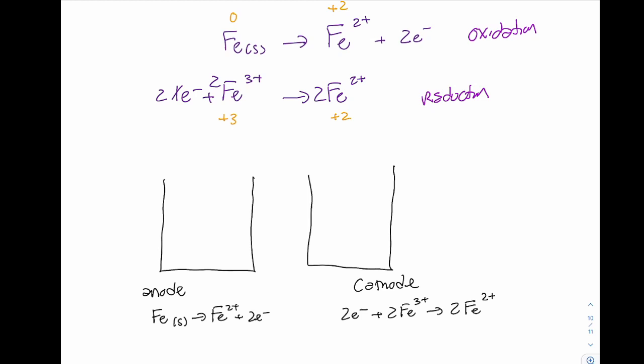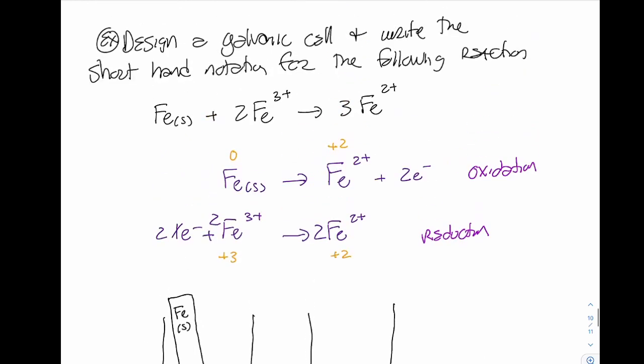And then drawing in my metal, on my anode it's not a problem, because I have iron that is solid, so Fe solid. If I look at my cathode compartment though, these are both aqueous solutions. I guess I didn't actually write that, but if they're ions, they're in solution.